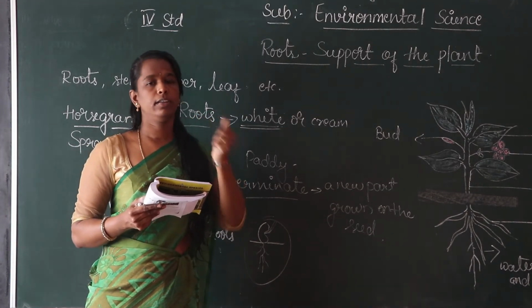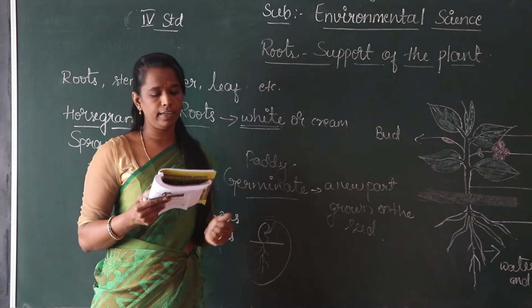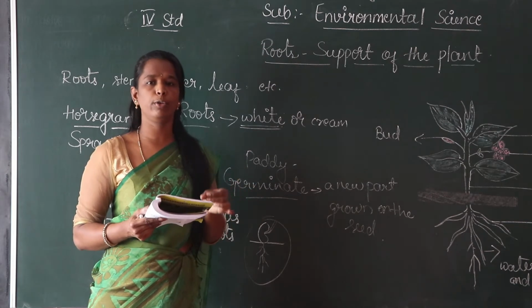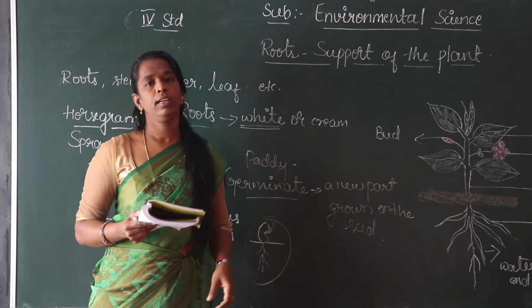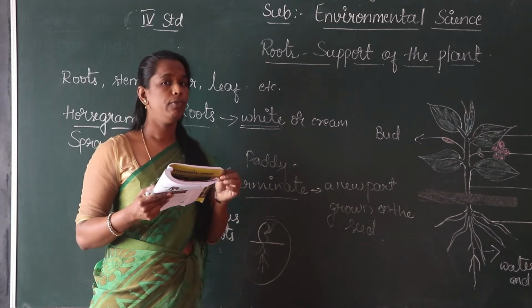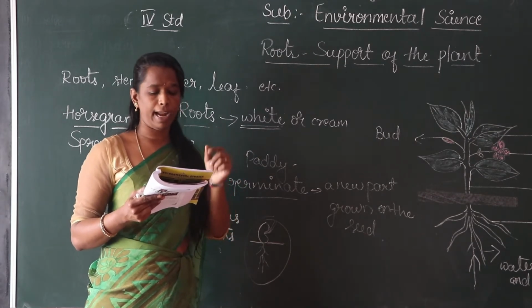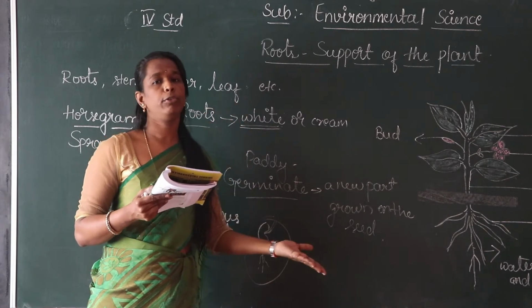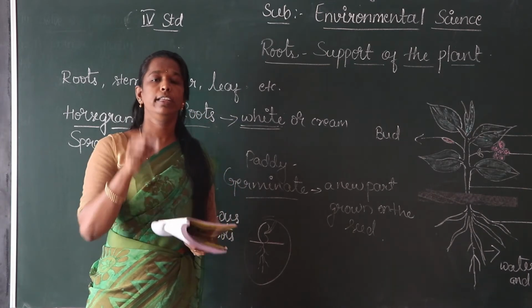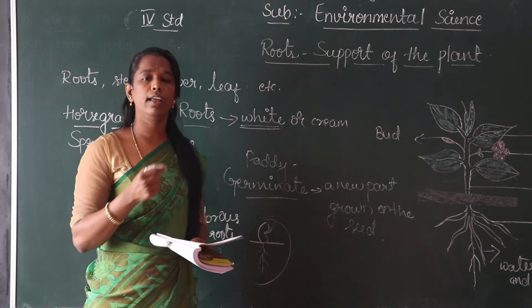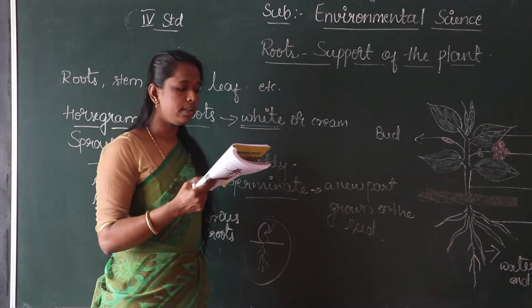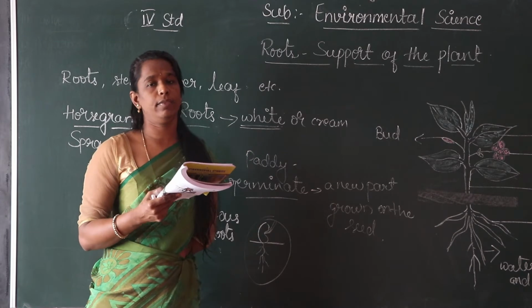So take the roots of the plant gently and put it in the glass tumbler, without damaging it. First wash the roots of the plant, drain out that water, and put red ink in the water. That means the color of the water is red. Wash the roots and put the plant in the colored water.